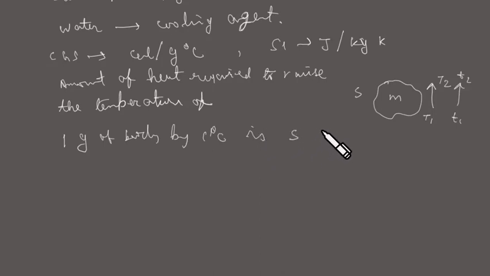S calorie, right? That's the definition of the specific heat capacity.